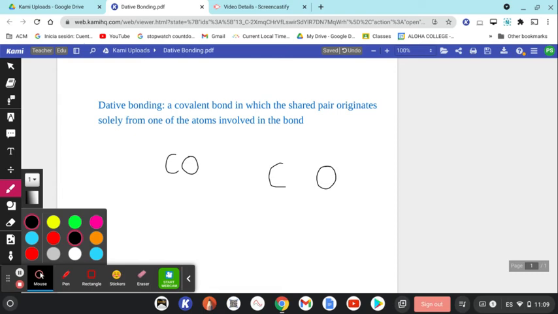So, carbon has 4 electrons, and oxygen has 6 electrons in the outer shell. Now, we want both these atoms to have a full shell of 8. How can we approach this?